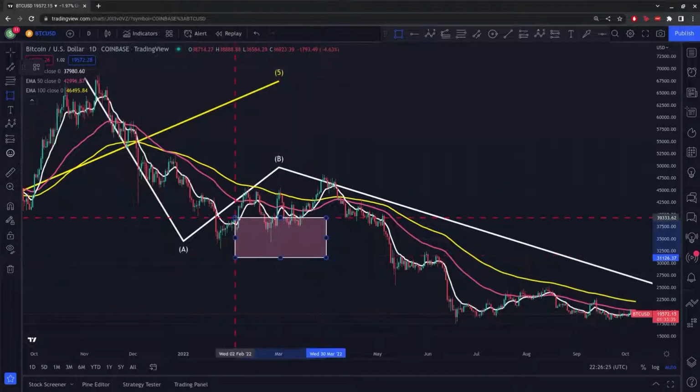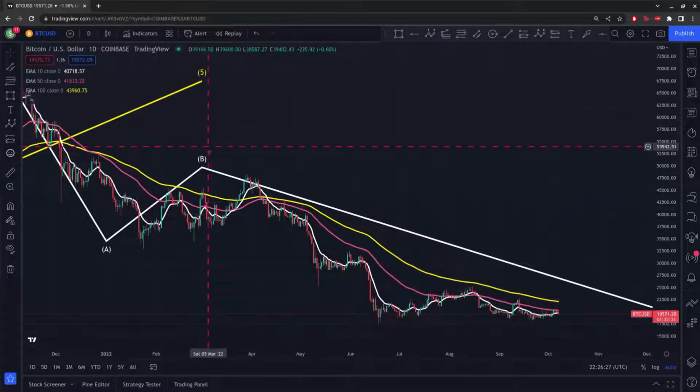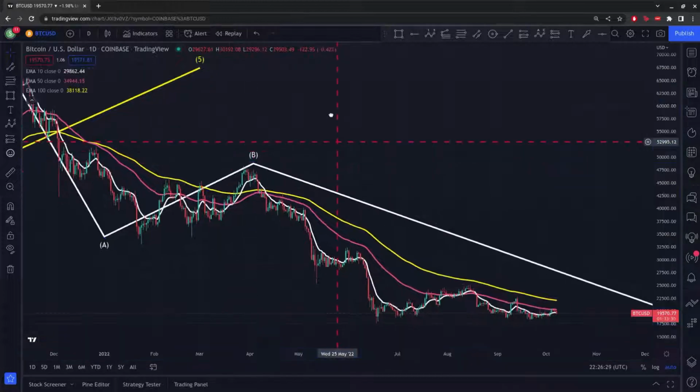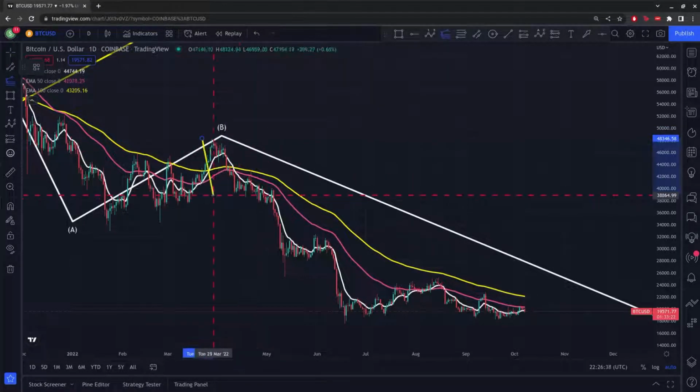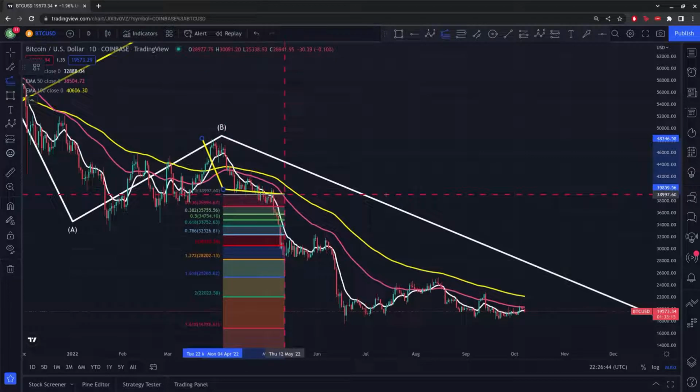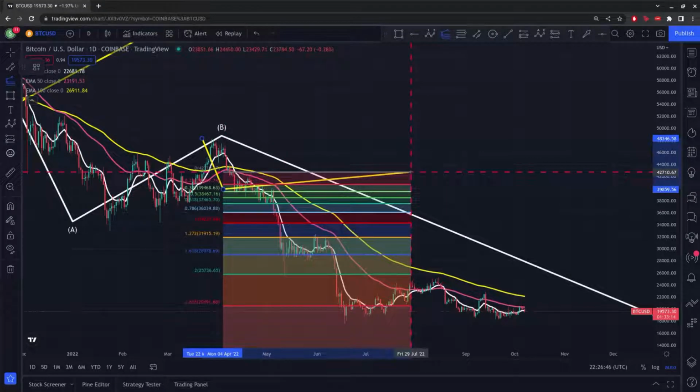So on the daily time frame, I think if I use my Fibonacci extension tool, down here, this point, definitely this is a third wave.